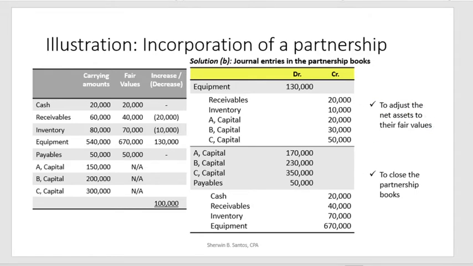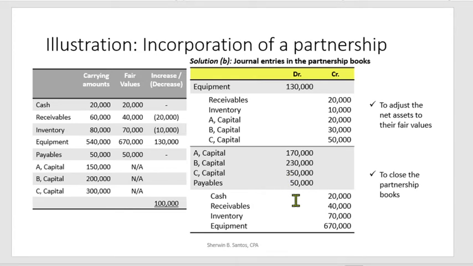So once na na-adjust mo na yan, i-absorb na yan ng partnership, ay ng corporation. Pero on the books of the partnership, kailangan i-close mo lahat ng item. So lahat ng asset ay i-credit mo at lahat ng liabilities and equity accounts ay i-debit mo. So, ang gagawin mo lang dyan, debit A, B, C capital, 170, 230, 350, and then payables, 50,000.